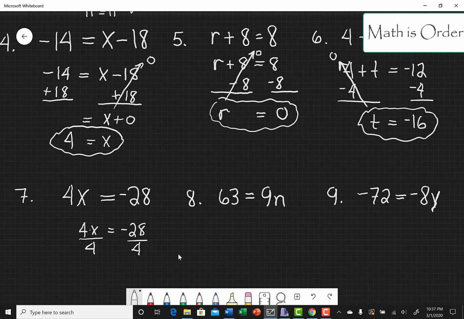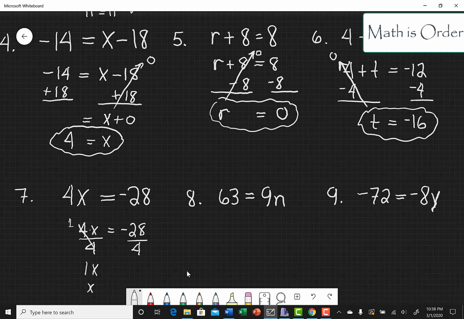All right, so now 4x divided by 4 makes a 1 come about. Now 1 times x is the same thing as just x. So that 1 there has no significance.